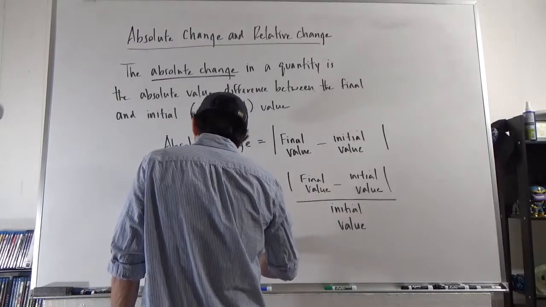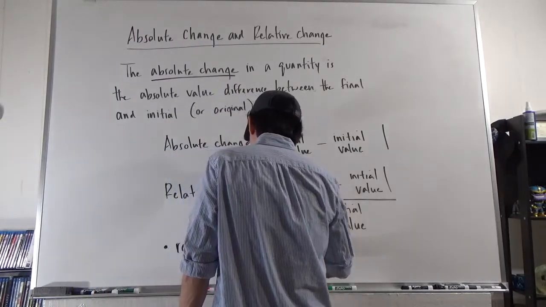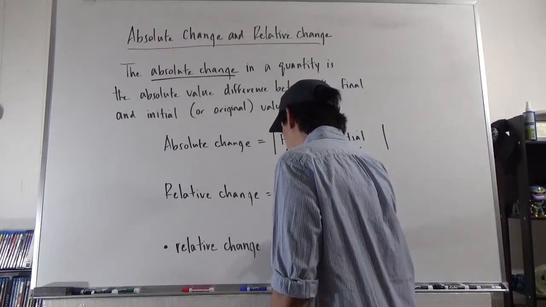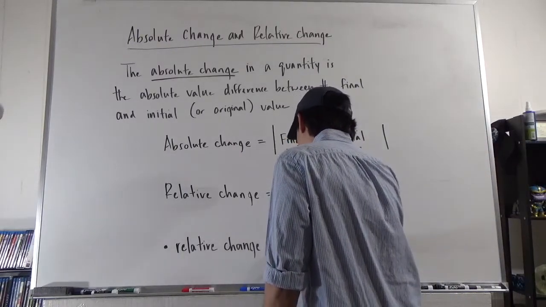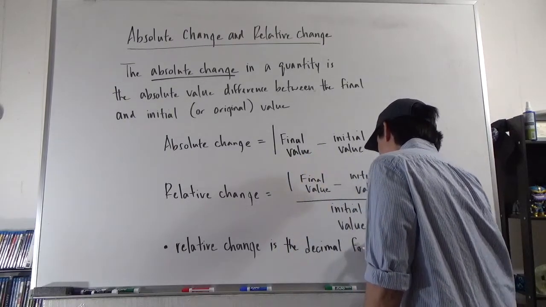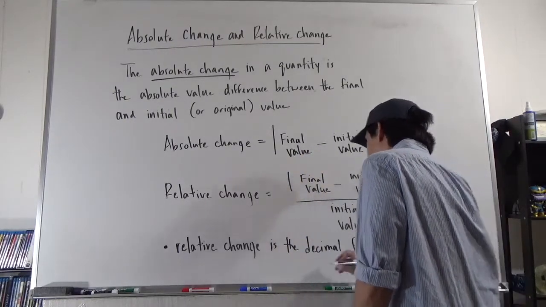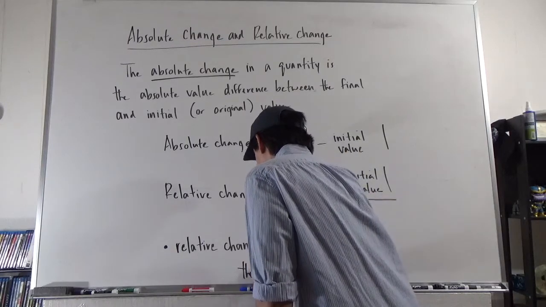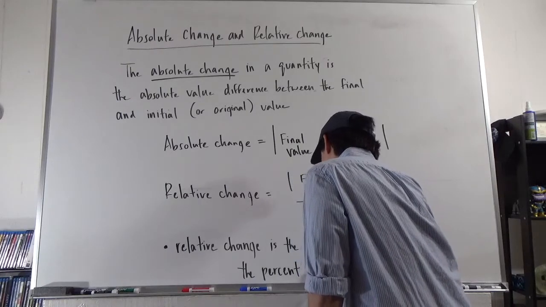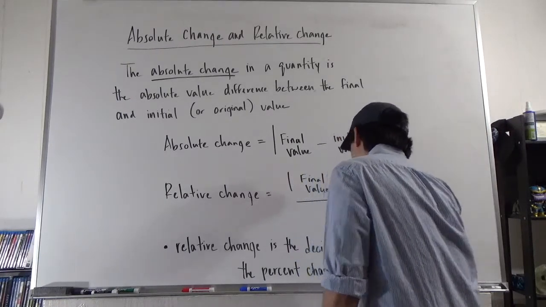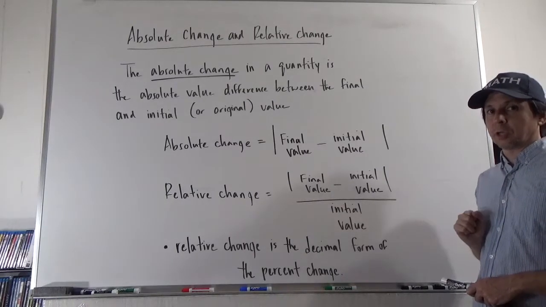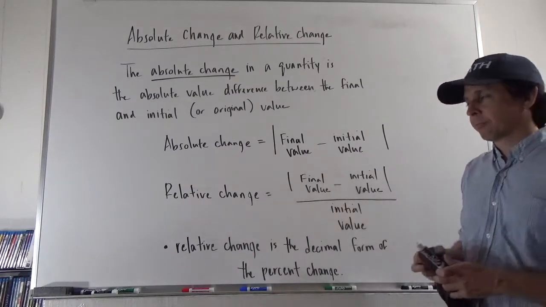So as a note here, the relative change that you get from that computation is the decimal form, or we're going to interpret it as the decimal form, of the percent change, which is what we're ultimately going for. So we'll compute this, and then we'll just convert it to a percentage to give us the percent change.